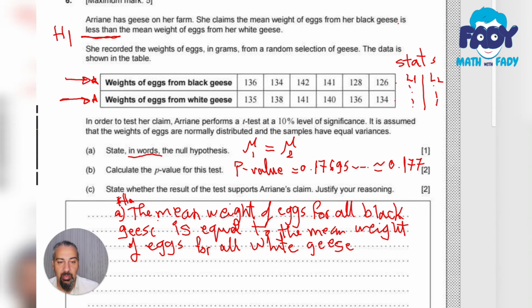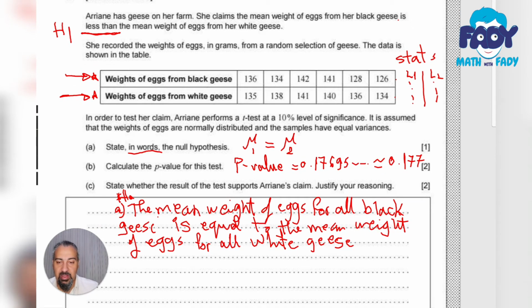Then C, state whether the result of the test supports Arriane's claim, and justify your reasoning. So we will use the p-value and compare it with the level of significance. Here we have a 10% level of significance.